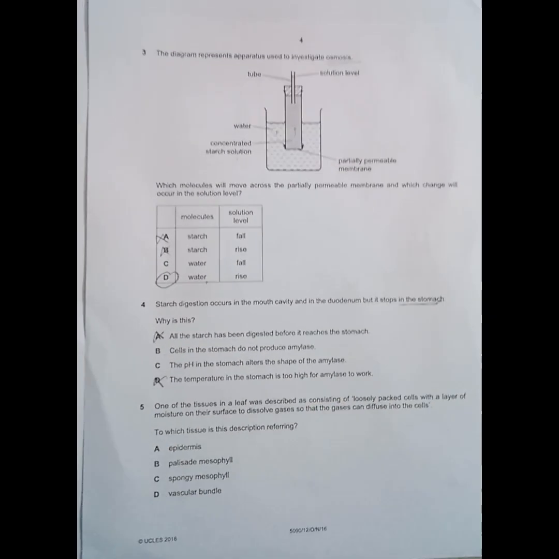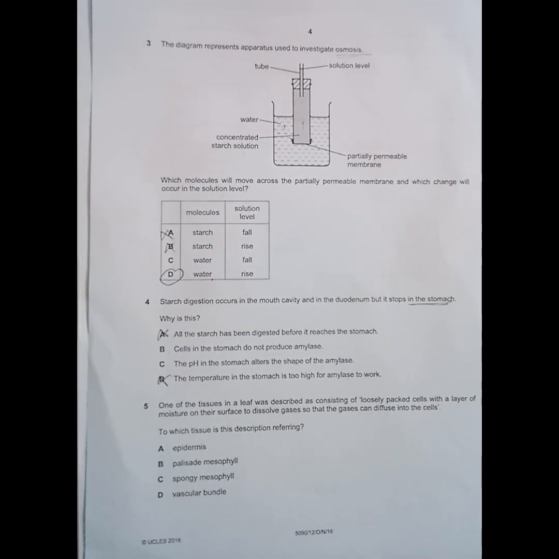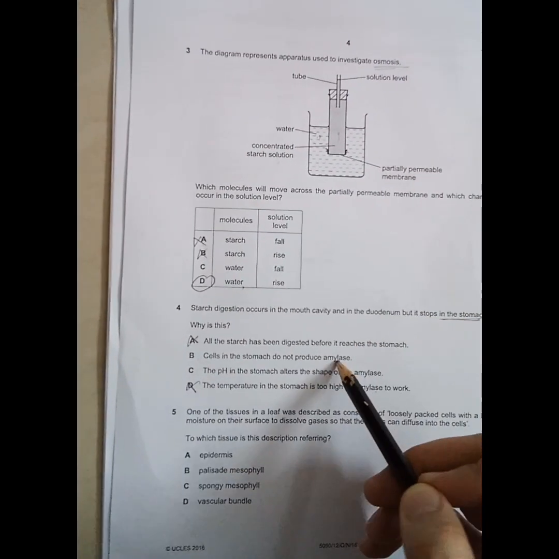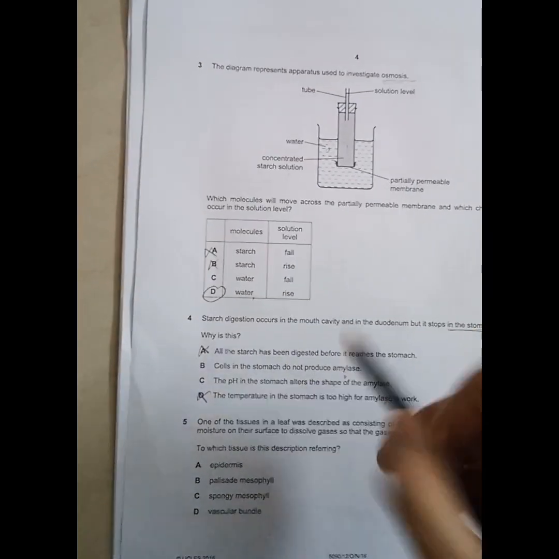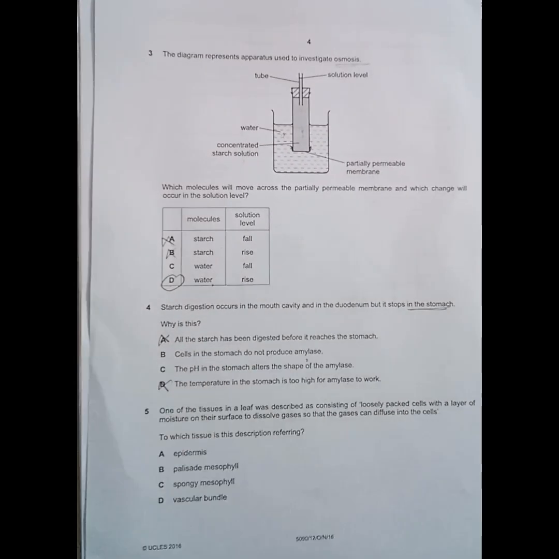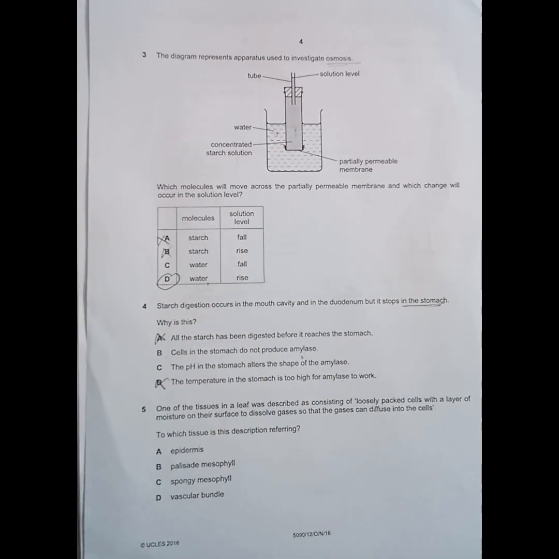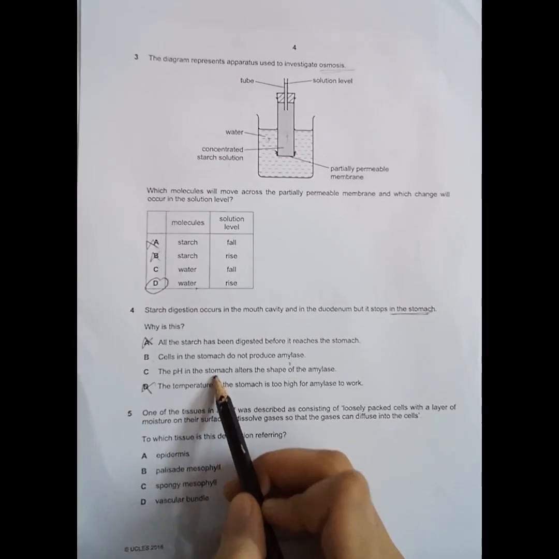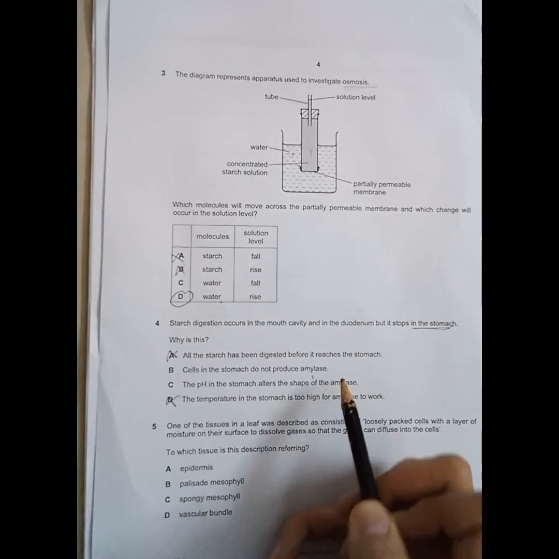It's about the acid in the stomach that stops the action of amylase. Even though cells in the stomach do not produce amylase, that is correct, but this is not what we're talking about. We're talking about the fact that when the food reaches the stomach, the amylase action is still going on. It's the pH that alters the shape of the amylase. So this is C.